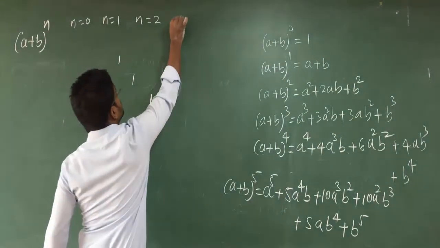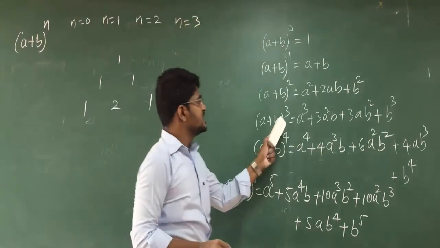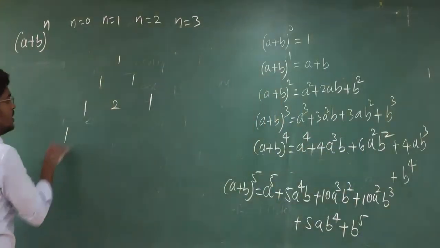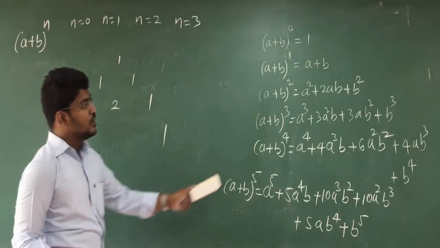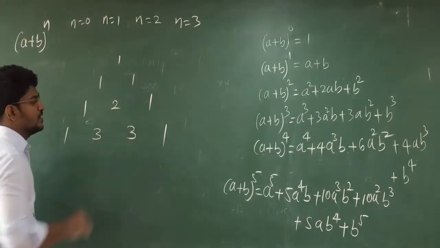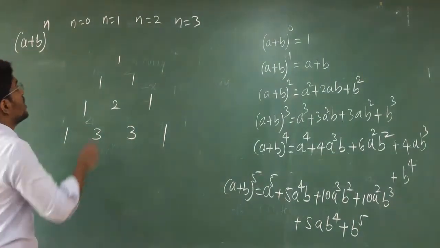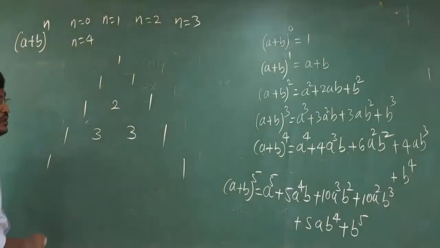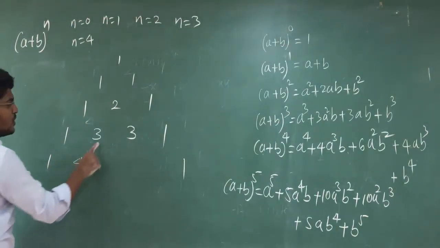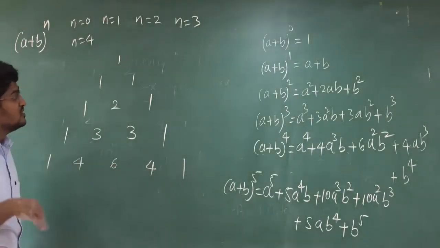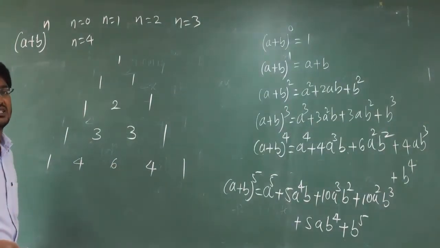At n equal to 3, last two terms are 1, middle two terms are 3 and 3. Clear? So now if I go for n equal to 4, last terms will be 1, here 3 plus 1 will be 4, 3 plus 3 will be 6, 3 plus 1 will be 4. This is how you have to build your Pascal's triangle.